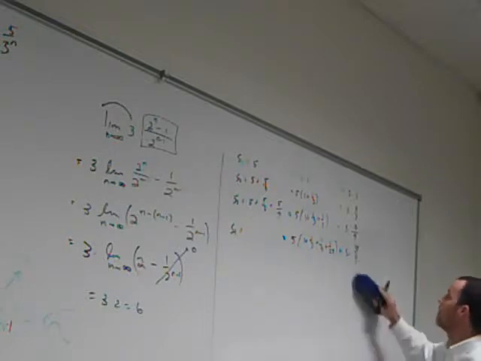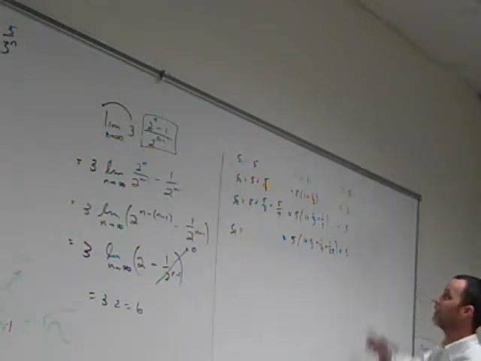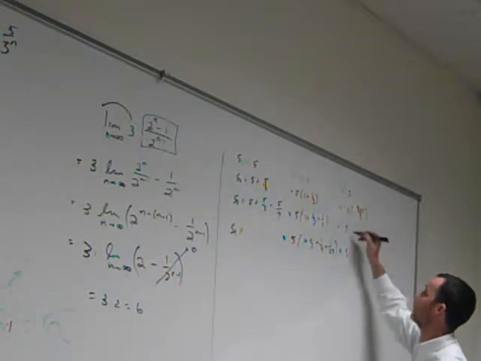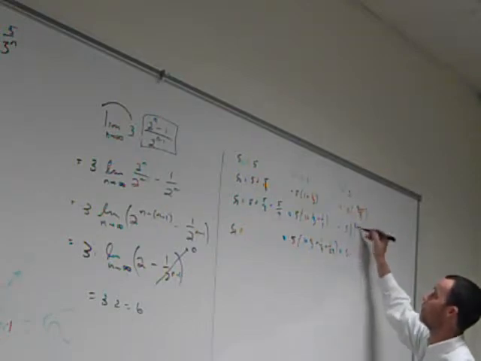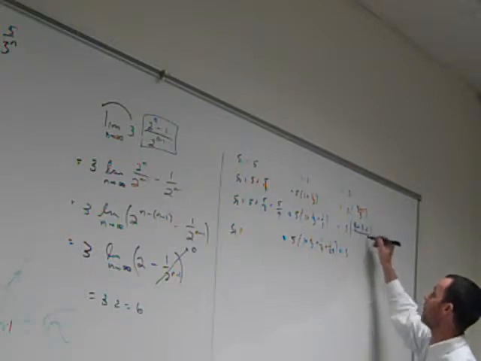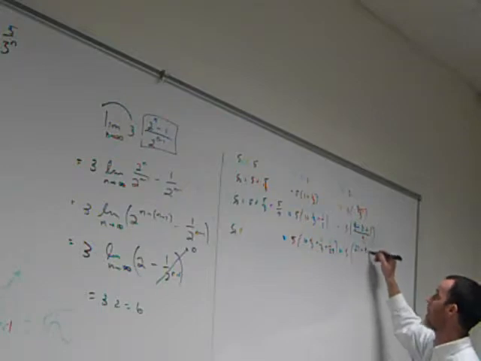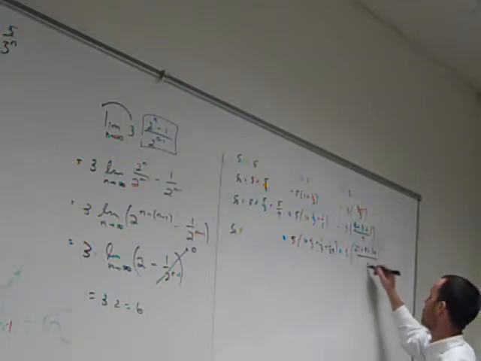I really shouldn't. Let me not do it that way. Let me write it out. 3 plus 1 over 3. 9 plus 3 plus 1 over 9. 27 plus 9 plus 3 plus 1 over 27.